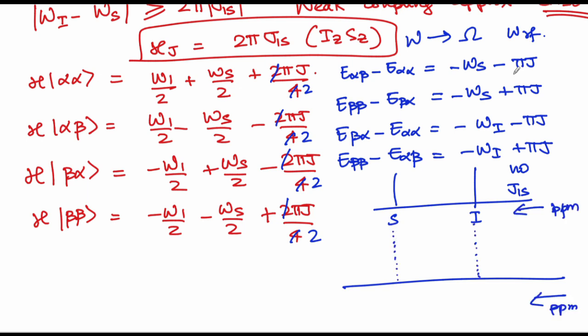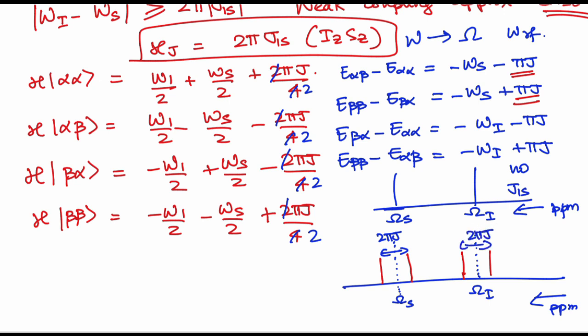You're able to understand omega S is reduced and increased by pi J. So you're going to have one line, and the difference will be 2 pi J. Similarly, you will have omega I, and the difference will be 2 pi J.